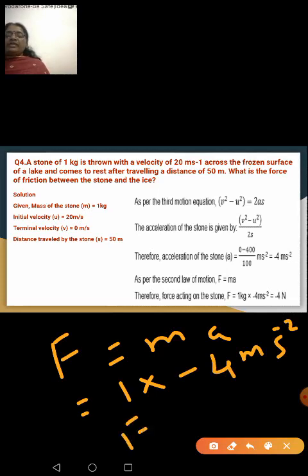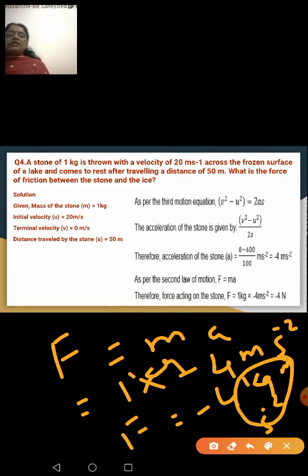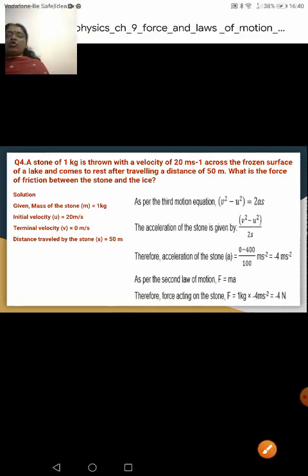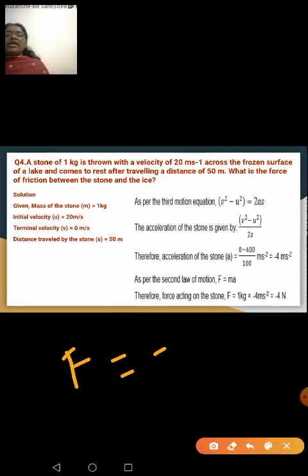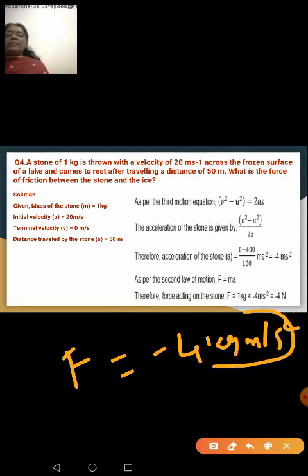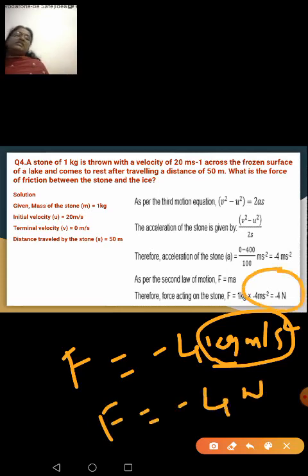So my F will be minus 4 kilogram meter per second square. This kilogram meter per second square can be written as Newton, because the unit for force is Newton. So I will write F is equal to minus 4 Newton. That is how you have got the answer here.